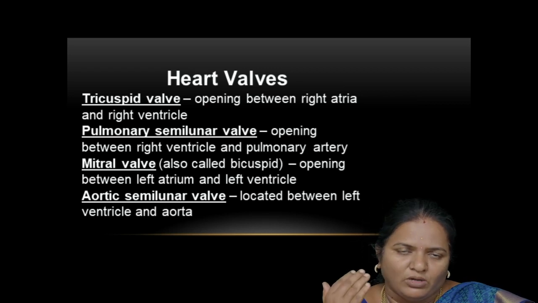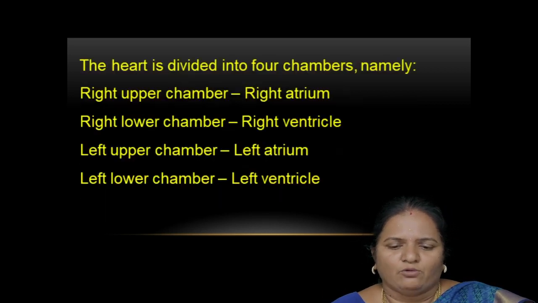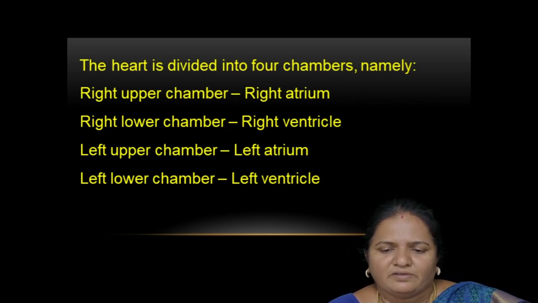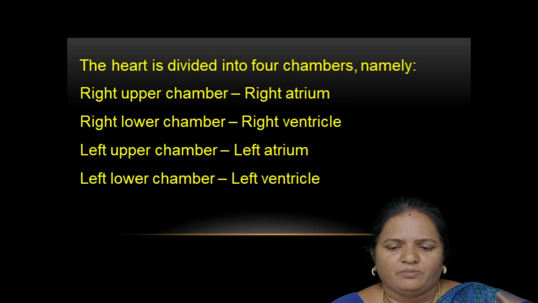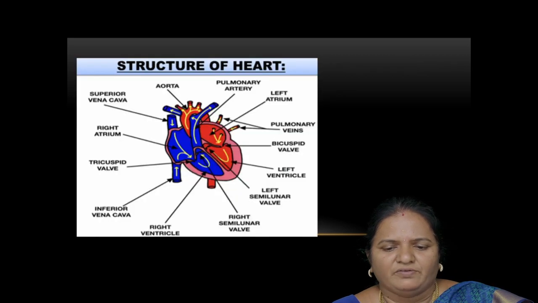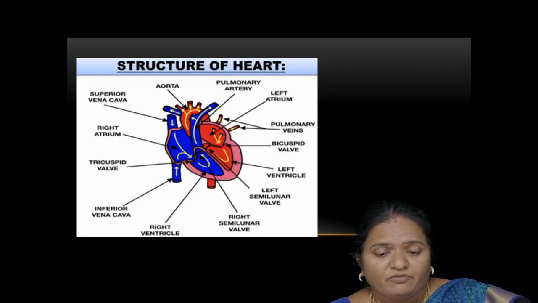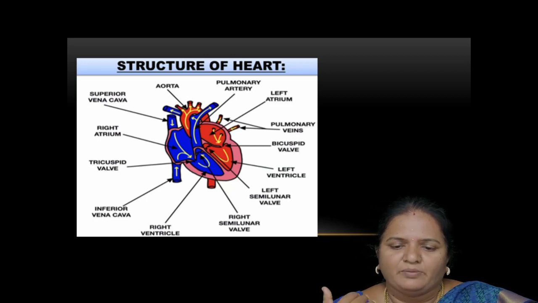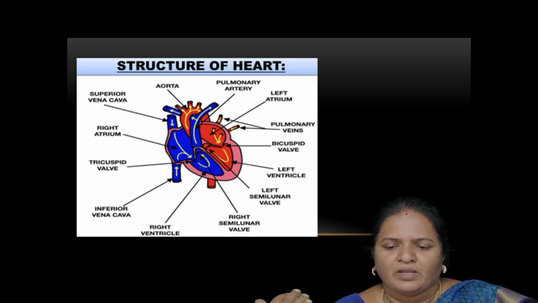Before that you have to draw the picture, a clear outline picture. The heart is divided into four chambers: the right upper chamber, known as the right atrium; the right lower chamber, known as the right ventricle; the left upper chamber, the left atrium; and the left lower chamber, the left ventricle. This is the structure of it. From this you have to draw clearly and mark the parts. Upper side: pulmonary artery, left atrium, pulmonary veins, bicuspid.